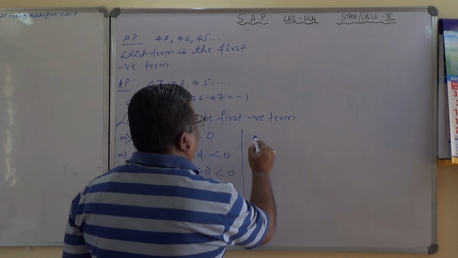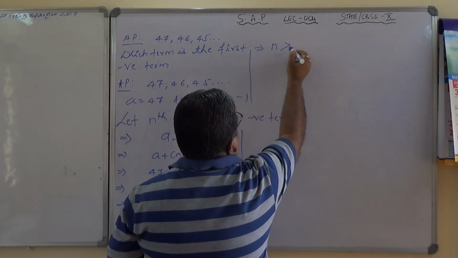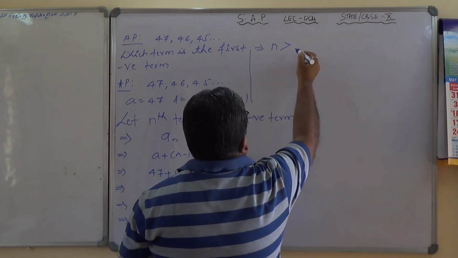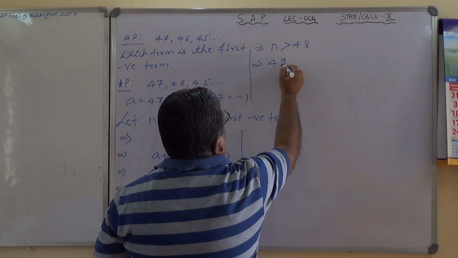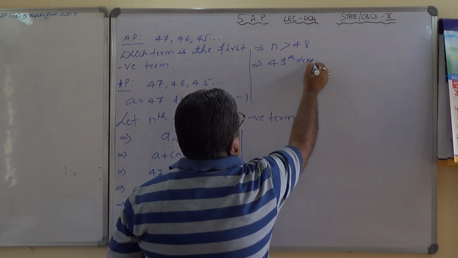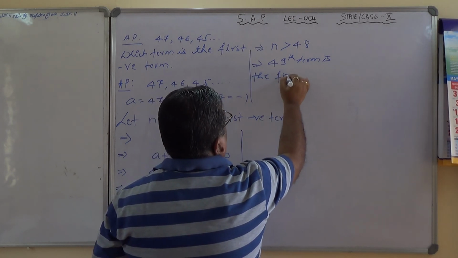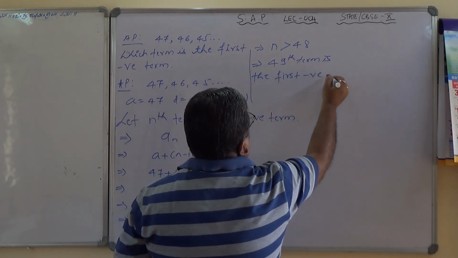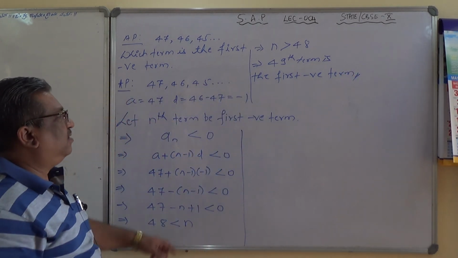So here once again I'll write implies n is greater than 48, implies 49th term is the first negative term.